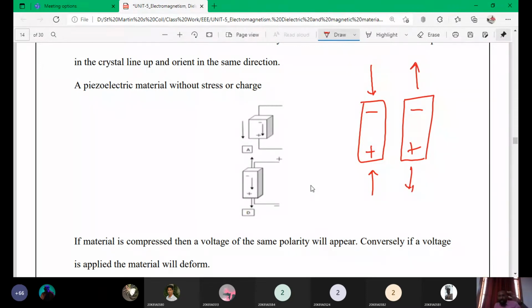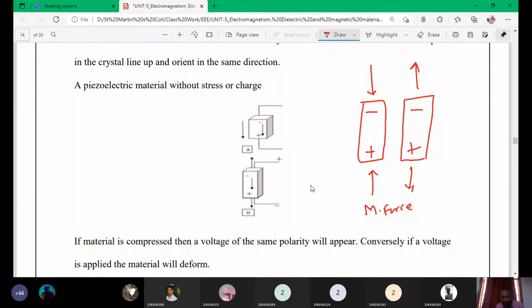That means you are applying some mechanical force, stress or strain, either compressing or elongating. That is also applying stress and strain.